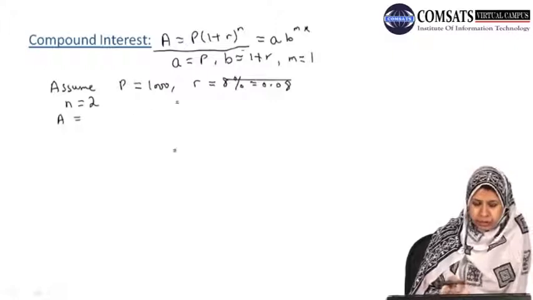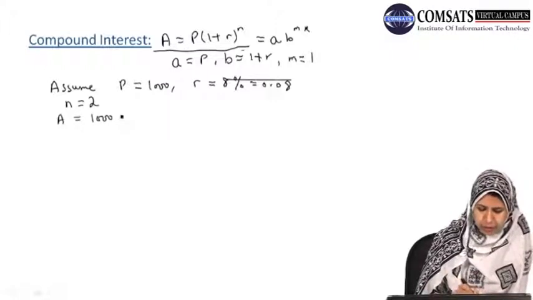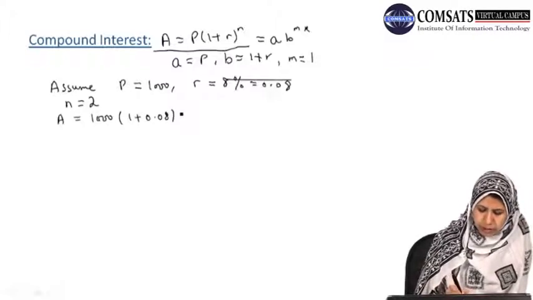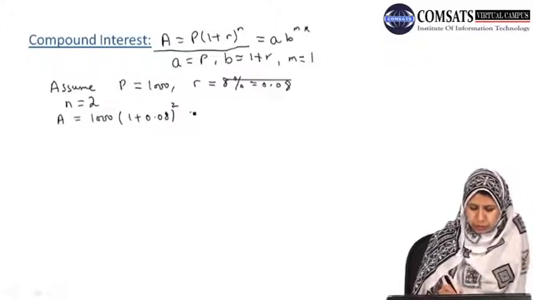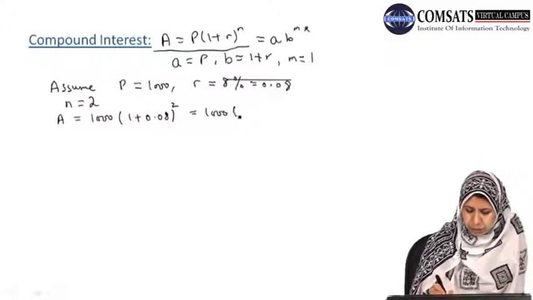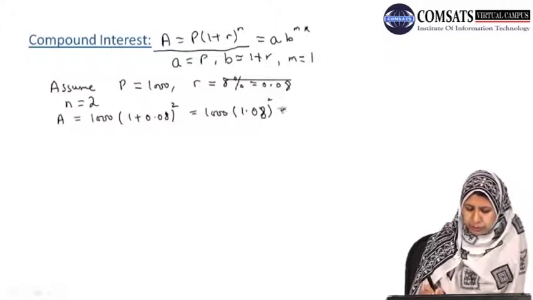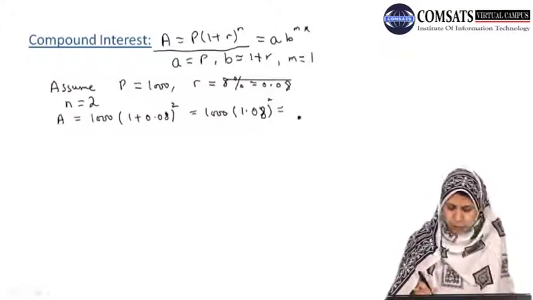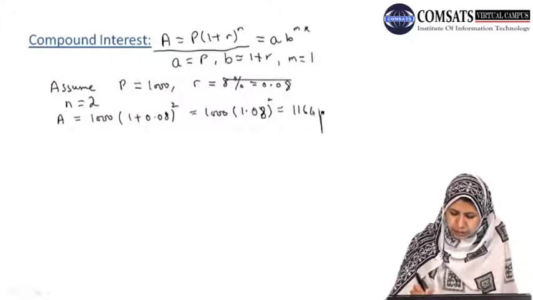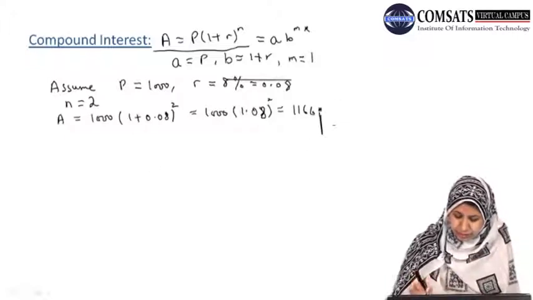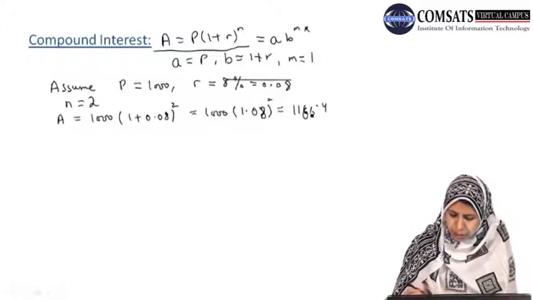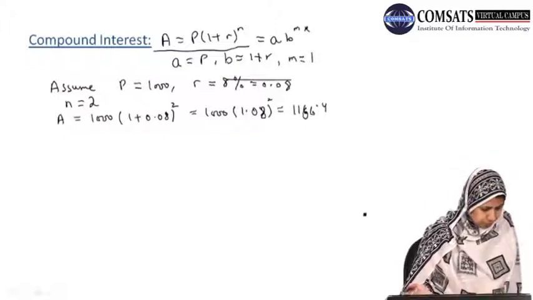After 2 years, our amount is the original amount 1000 into 1 plus R, which is 0.08, to the power n, which is 2. Simplifying, we obtain 1.08 square, and taking the square and multiplying by 1000, we obtain 1166.4. So 1166.4 is the amount after 2 years.